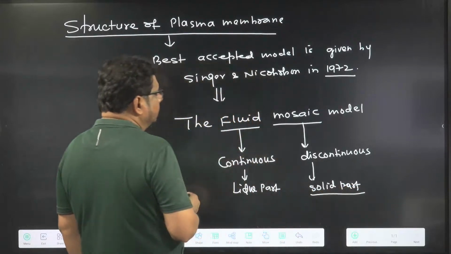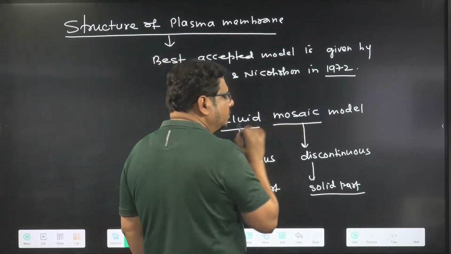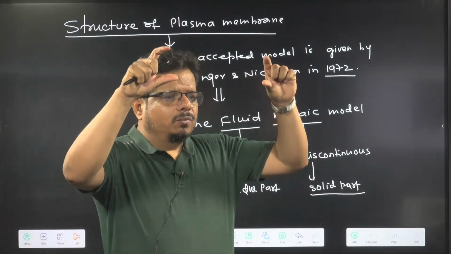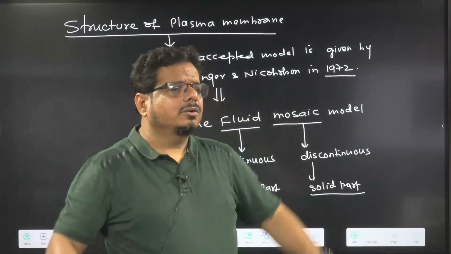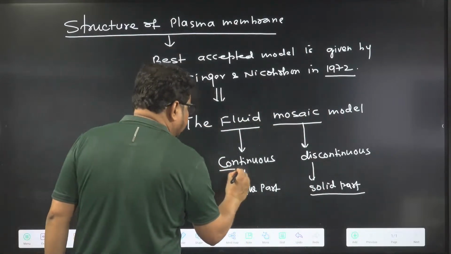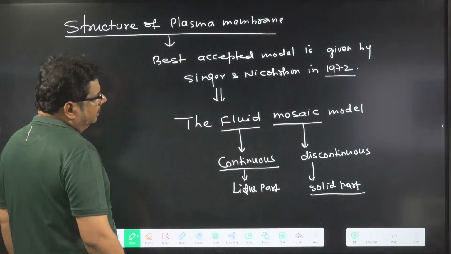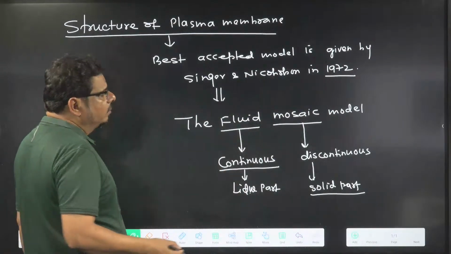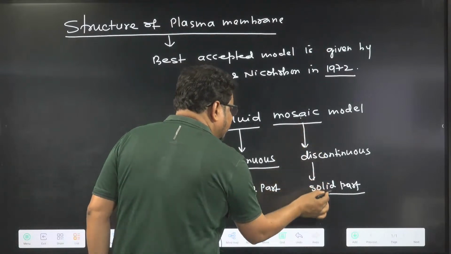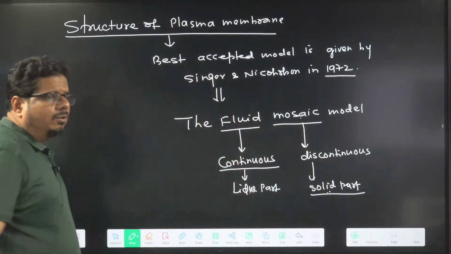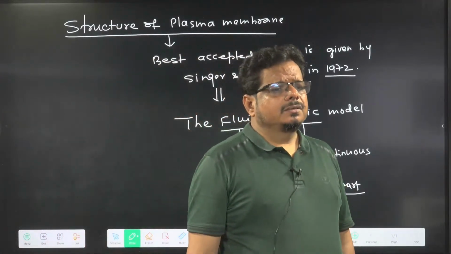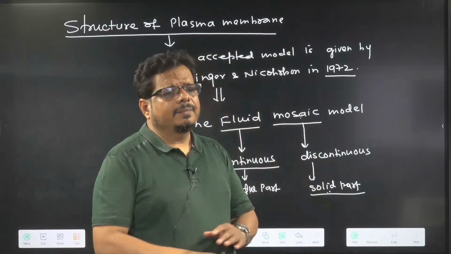Got the idea? One is the liquid part, another is the solid part. So the plasma membrane is made up of two types of components: one liquid component and another solid component. But who is making the continuous structure? The liquid component. And who is forming the discontinuous structure? The solid component.